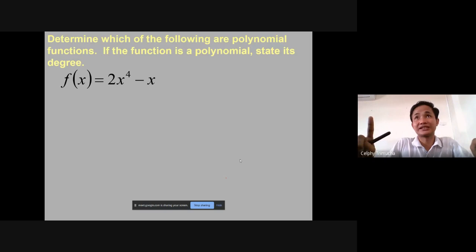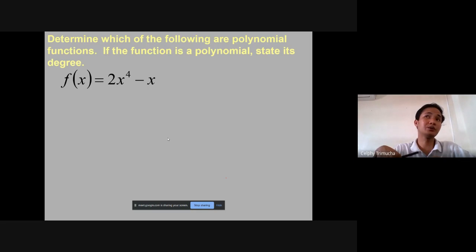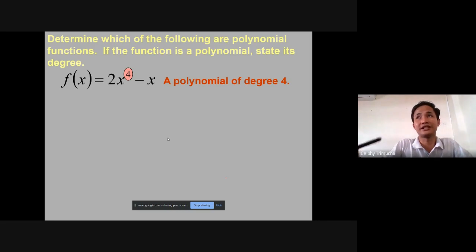The only concern is that in our high school concepts, we discussed monomials, binomials, trinomials, and polynomials separately. But overall, all the concepts we discussed, starting with monomials up to trinomials, are still considered polynomials. So this means this is a polynomial of degree 4. Even if it has only two terms, we can still consider it a polynomial.